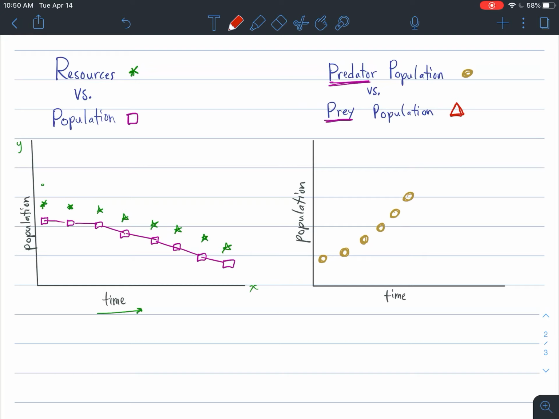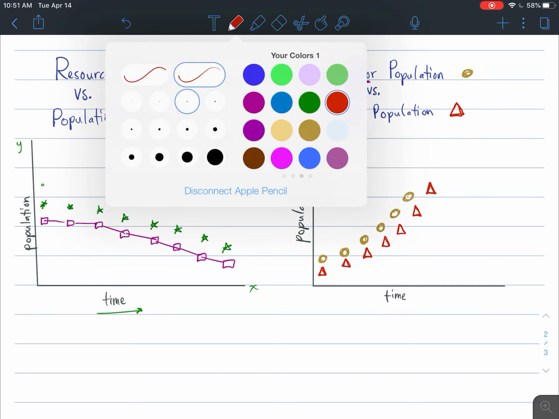If there's not many bunnies here, then there can't really be very many coyotes. And as more bunnies start to be alive in the population, then we can end up having more and more coyotes. And at some point, perhaps there's too many coyotes and they end up eating more bunnies than there's available, and they end up depleting the bunny population.